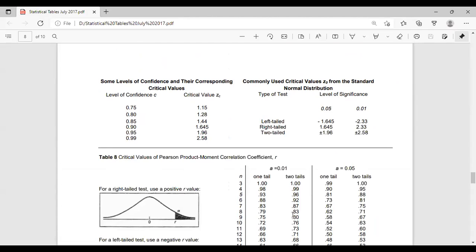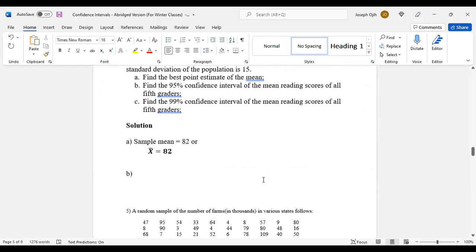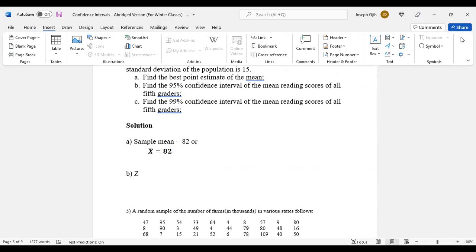So our critical value, which is Z alpha over 2, equals 1.96.